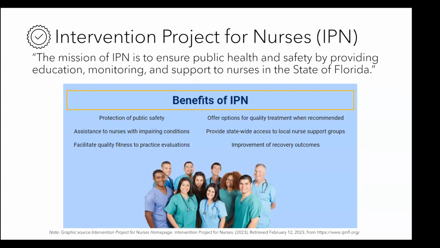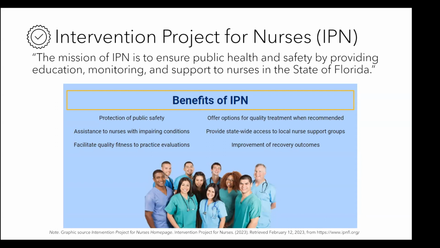The IPN, or the Intervention Project for Nurses, receives referrals from nurses themselves through self-reporting, employers, treatment providers, and directly from the Department of Health or Board of Nursing. And this organization works with a nurse who has substance misuse in a supportive way to offer services and ensure the safety of patients.